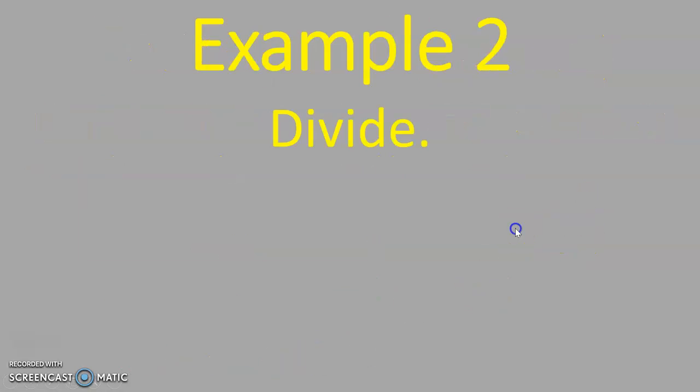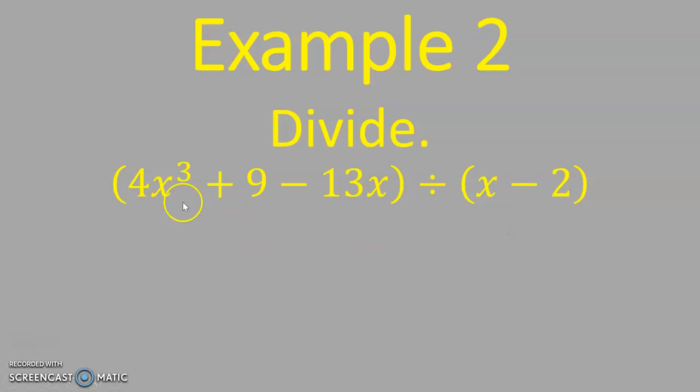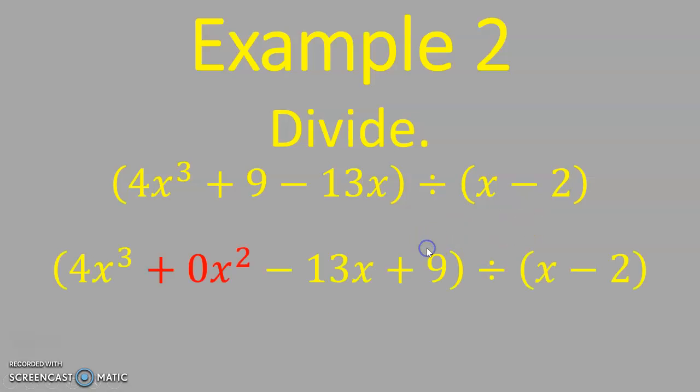Okay, so for a second example, sometimes you get a dividend that's just kind of messed up here. It's not in standard form. You're missing x squared. Again, you are able to use synthetic division here because your divisor is of the form x plus or minus a number. So what you want to do is fix this dividend.